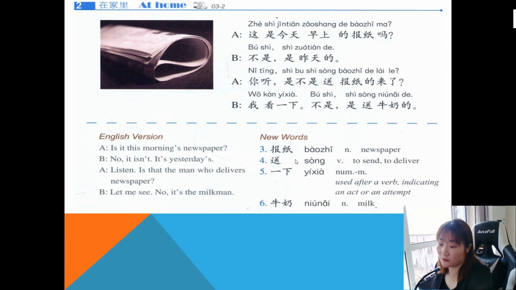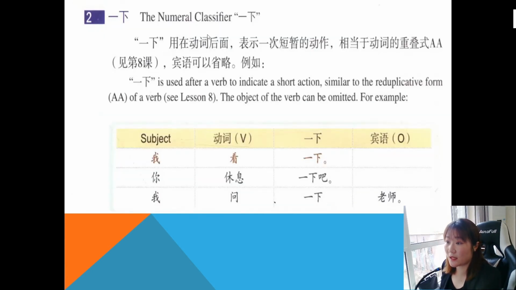So here 报纸 means newspaper, 送 means to deliver, and 一下 is a numeral classifier used after a verb indicating an act or an attempt. 牛奶 is milk. 一下 is used after a verb to indicate a short action, similar to the reduplicative form AA of a verb.